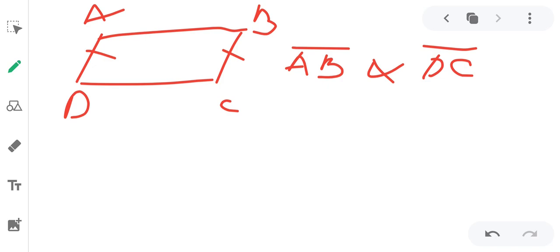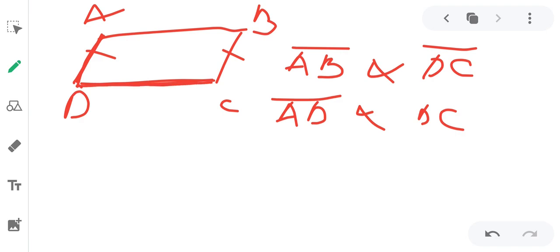And similarly, side AD and side BC are two opposite sides. Now this side AD and DC: AD starts from A and ends at D, and DC starts from the point where this AD line ends. So these two sides are called adjacent sides.